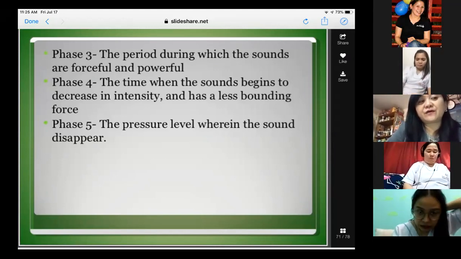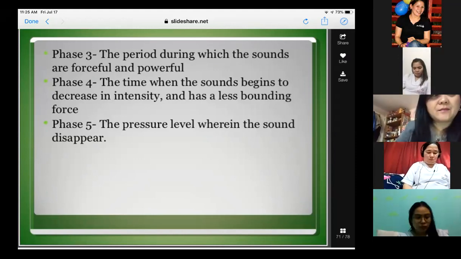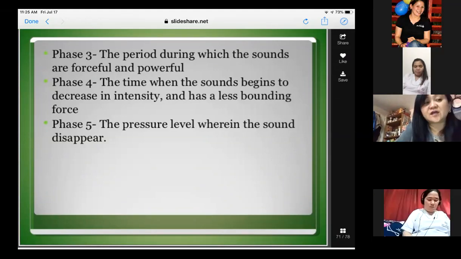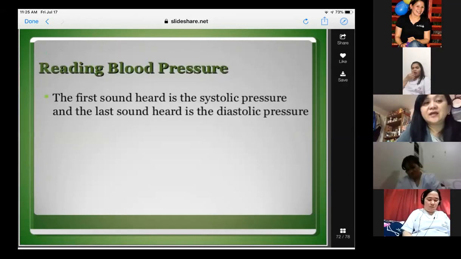And phase 4 is the time when the sound begins to decrease in intensity. It has a less bounding force. And phase 5 is the pressure level at which the sound disappears. Pag nawala na siya. And in reading the blood pressure, the first sound is the systolic pressure, and the last sound is the diastolic pressure.